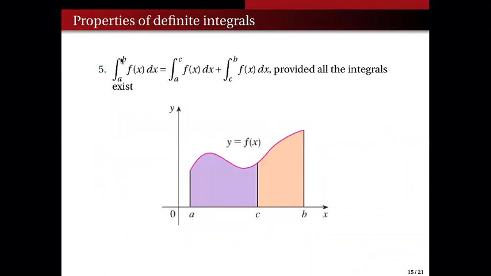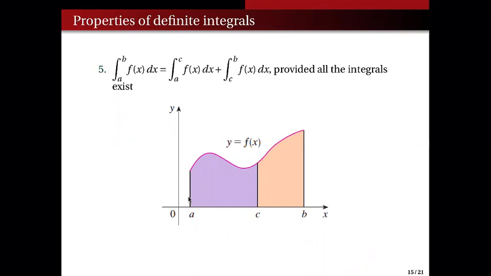Next, the integral of f of x dx from a to b is also equal to the integral of f of x dx from a to c plus the integral of f of x dx from c to b, provided all the integrals exist. So in here, this is one of the illustrations.